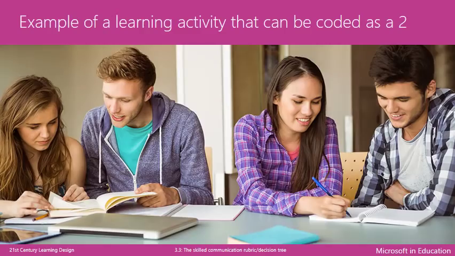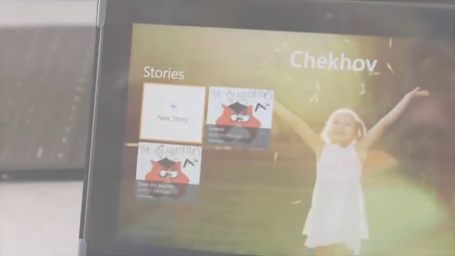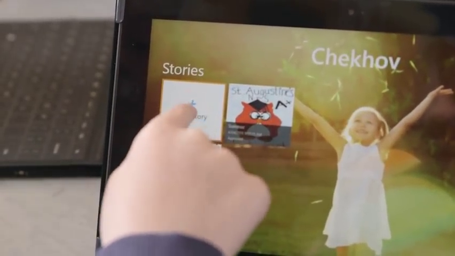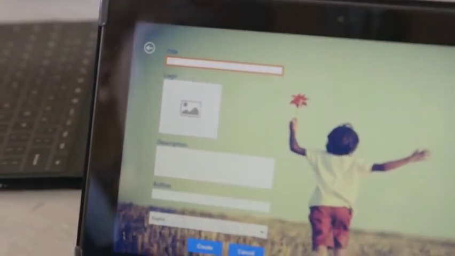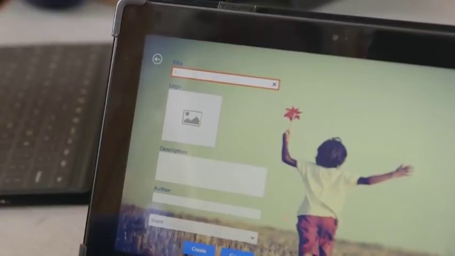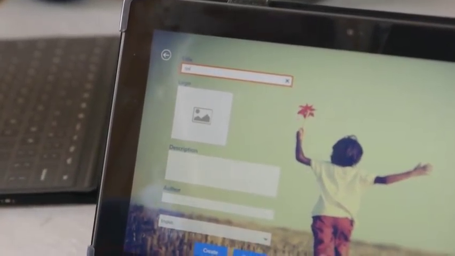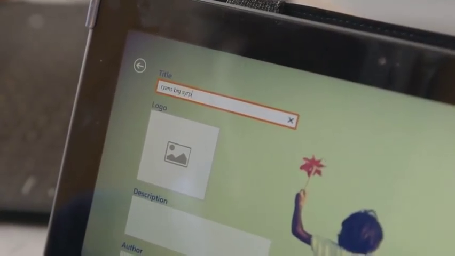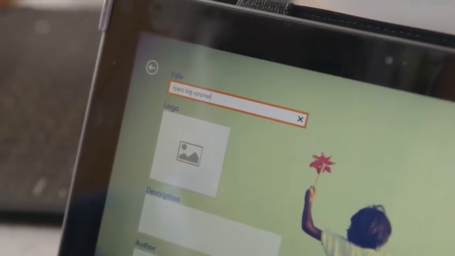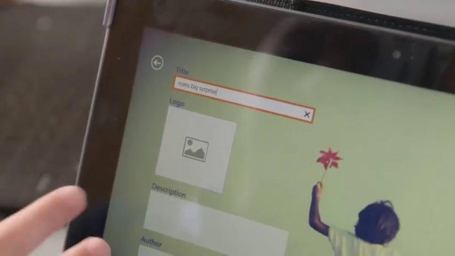This is an example of classroom activity that can be coded as a 2. Story check off. You tap into new story and you write the title, say Ryan's Big Adventure. And then I'm going to go into logo.